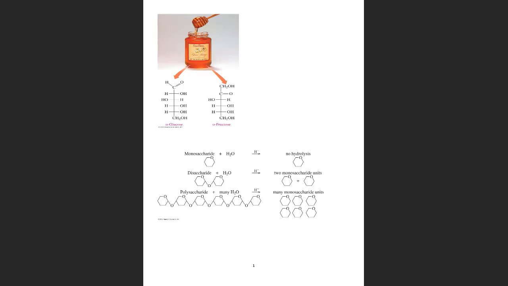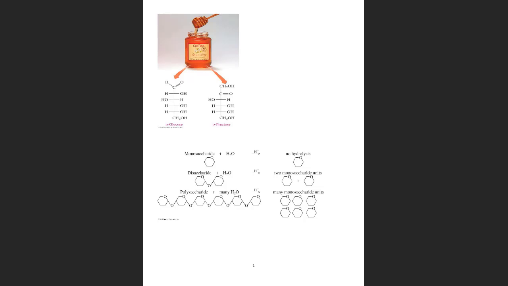So, what are carbohydrates? They are polyhydroxy aldehydes or polyhydroxy ketones, or compounds that yield polyhydroxy aldehydes or polyhydroxy ketones when they undergo hydrolysis.